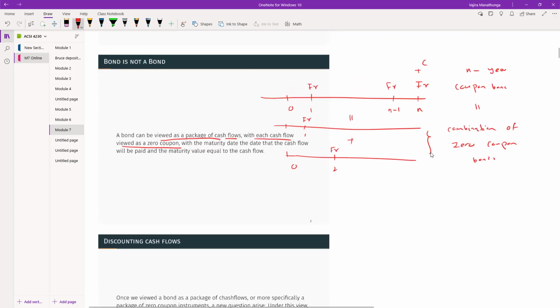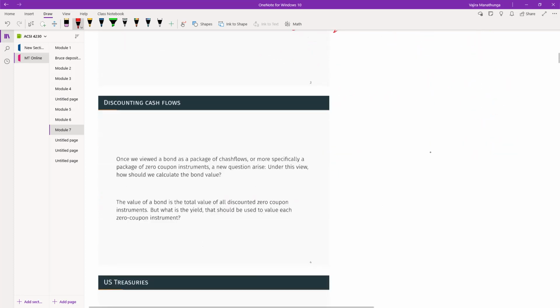Should we use the same yield rate to discount, or a different interest rate? That's the question we need to think about, and this entire lesson is structured around it. The value of a bond is the total value of all the discounted zero coupon instruments, but what yield should be used to value each one?